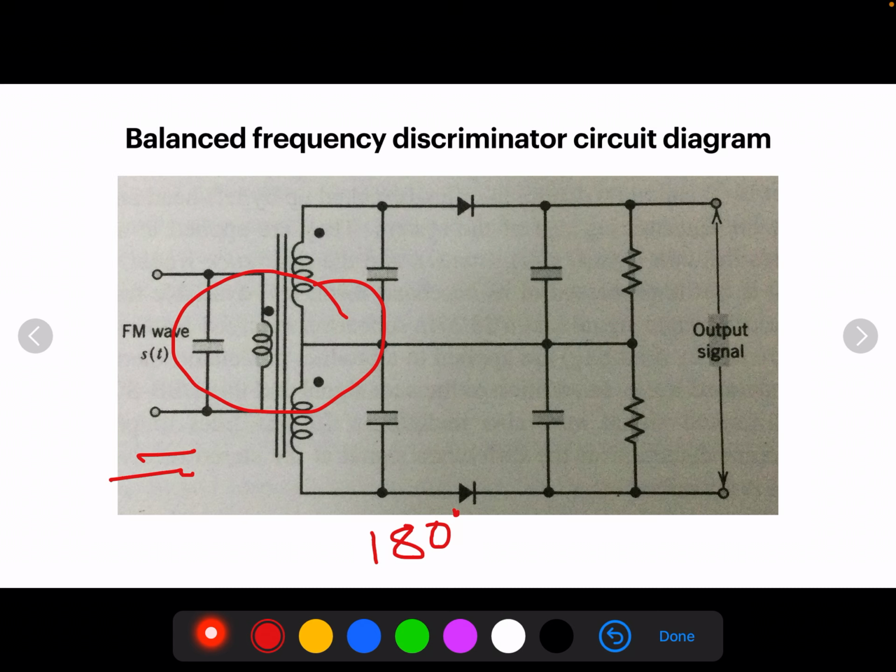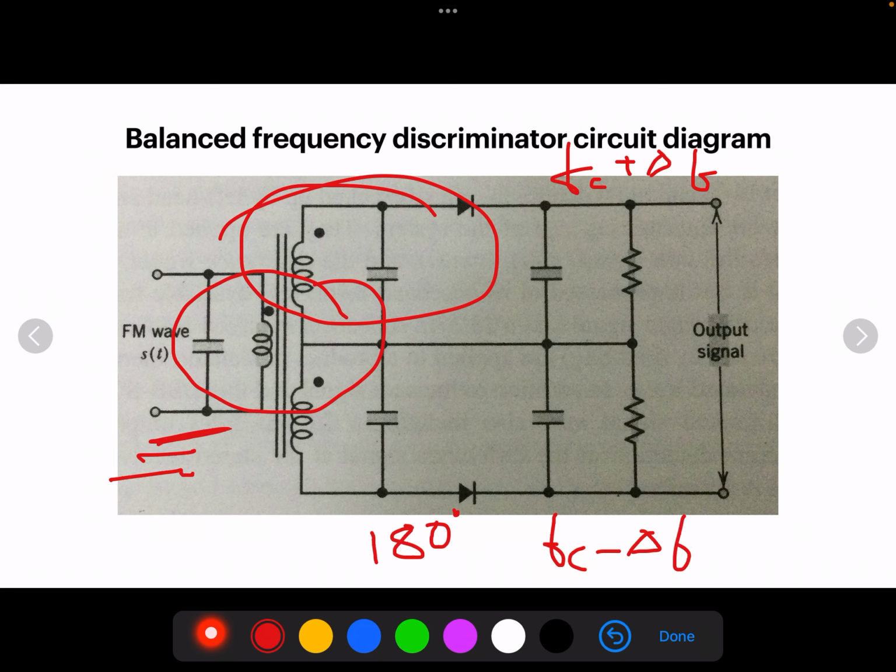Out of them, one is the primary circuit, which is centered at the frequency Fc. You have the above tank circuit here, which is tuned at the secondary of the T1, at the frequency Fc with a variation of plus or minus delta F. So its resonating frequency is Fc plus delta F, and this one is Fc minus delta F, out of phase.